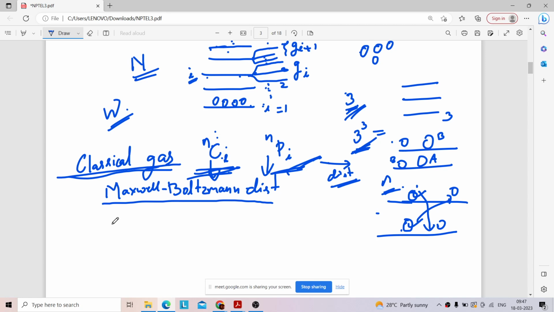I'm using a different notation here, W, because we will use sigma for some different parameters next. So let's write this as the number of microstates in the ith state.